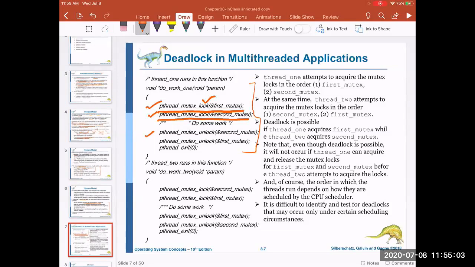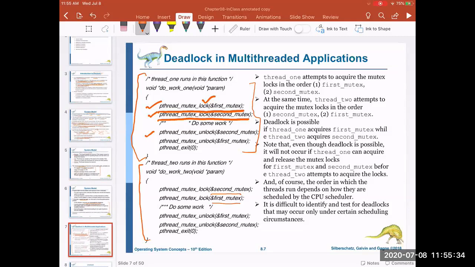So here, this program is trying to acquire the first mutex and then the second, whereas this other thread tries to acquire the second mutex first and then the first mutex. So what would happen? Now, if they are running in a sequential manner, then there is no deadlock condition.